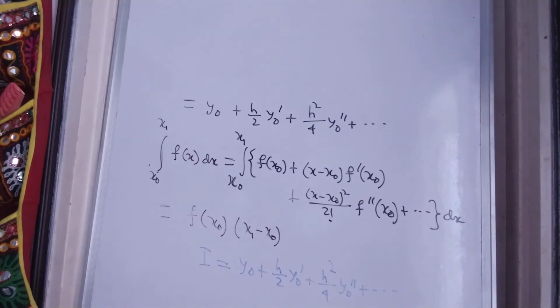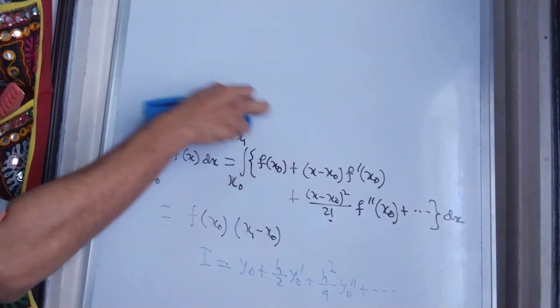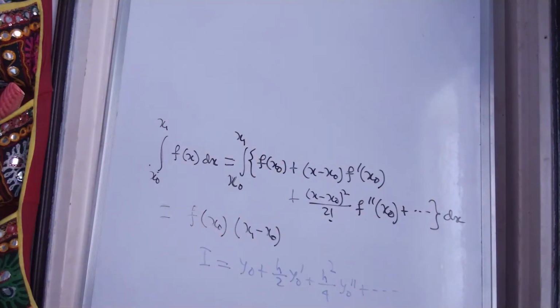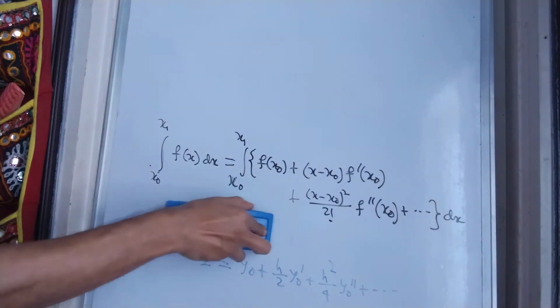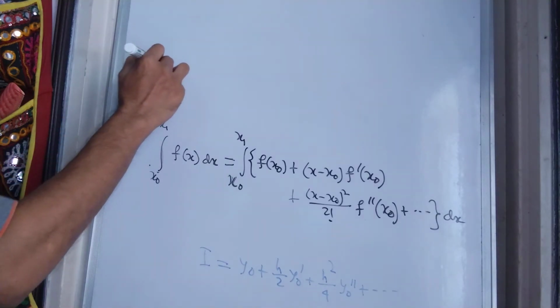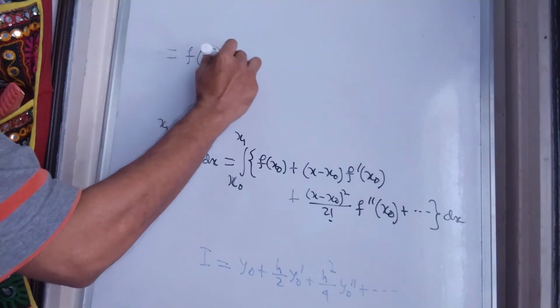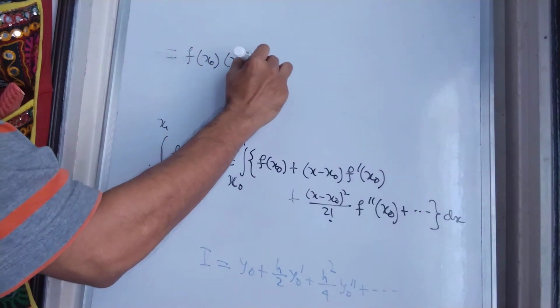This is the trapezoidal rule formula. And now we would like to calculate this term by term. So the first term is f(x0) into (x1 minus x0).